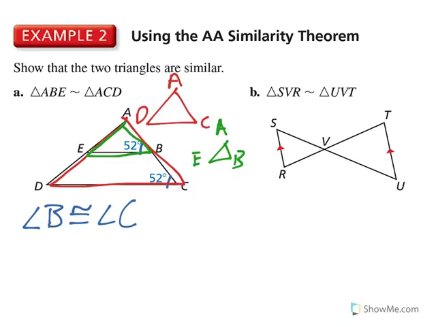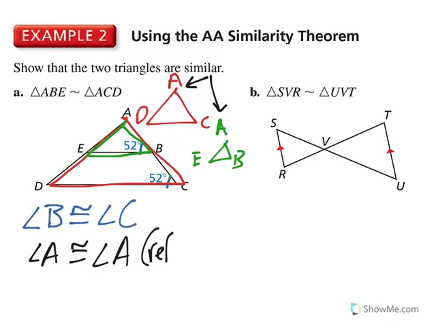Notice that they both share this angle A. If they share it, that means angle A has to be congruent with itself, and that would be your reflexive property. And so if I'm able to show that those two angles are congruent, then by AA similarity, they're similar triangles.